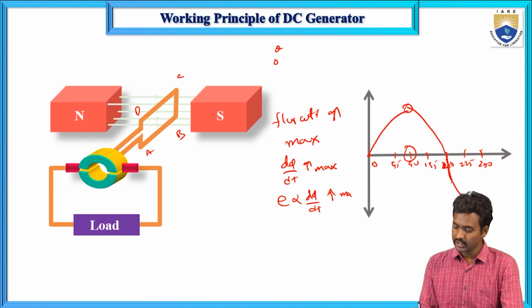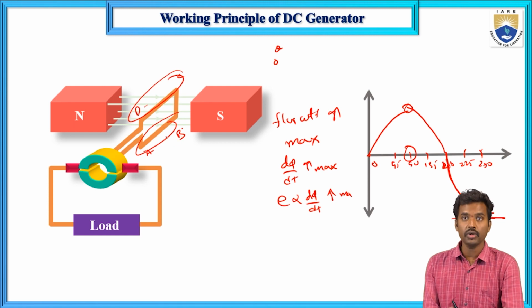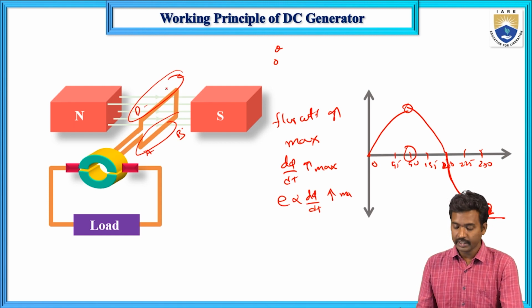So this is increasing from 225 to 270, and maximum value in the reverse direction, negative. Now in this case, at the 90 degrees case, AB is here and CD is here, only the conductor positions have been interchanged.